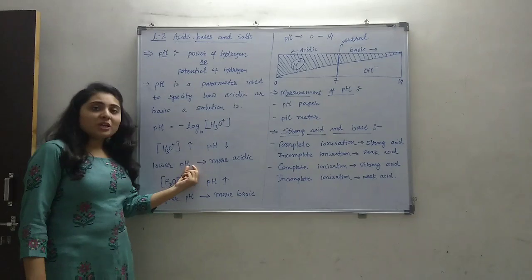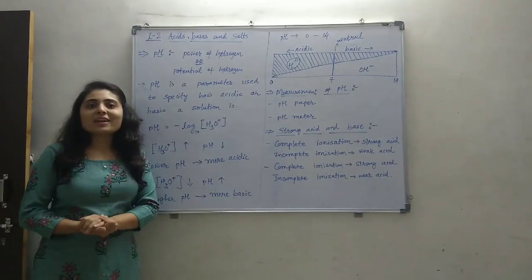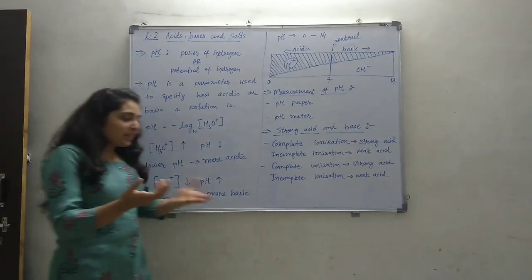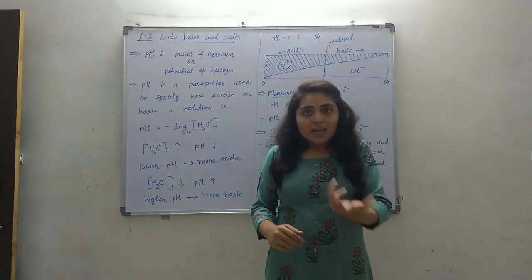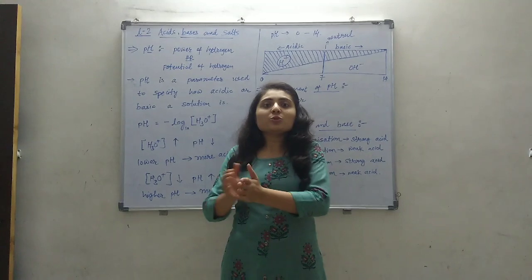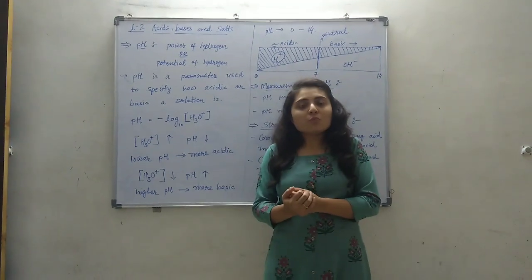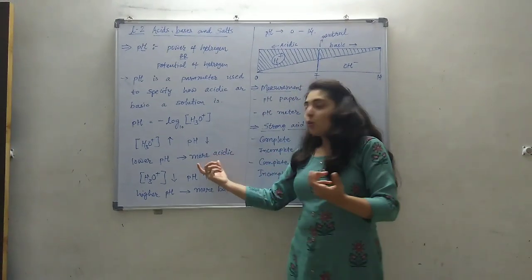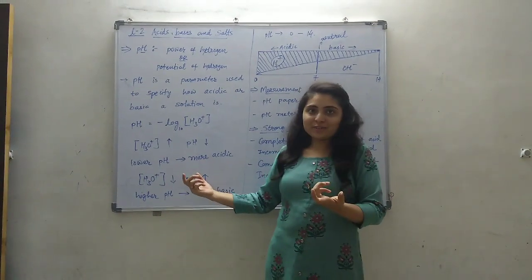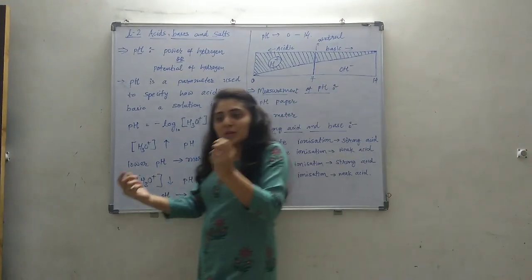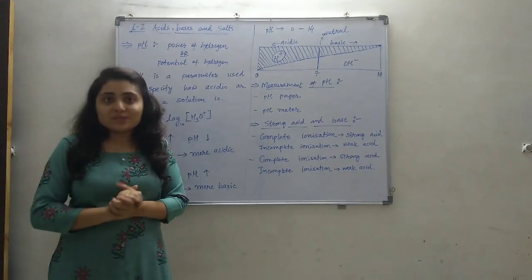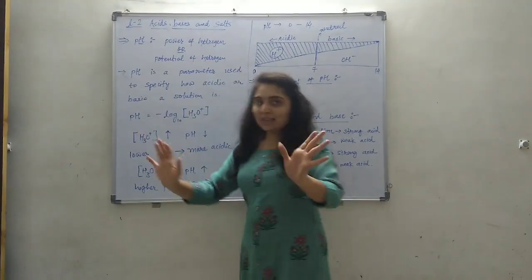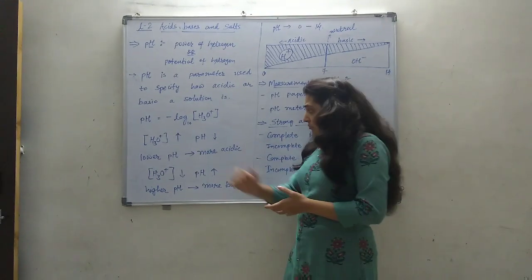Lower the pH value, more the acidic strength. If someone says that solution A has pH value 4 and solution B has pH value 2, which solution will be more acidic? Lower the pH value, higher the acidity. So solution B, having pH value 2, will be the more acidic solution. So this is the idea of pH.